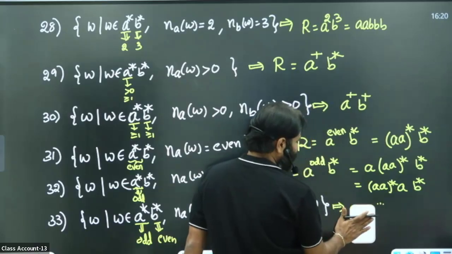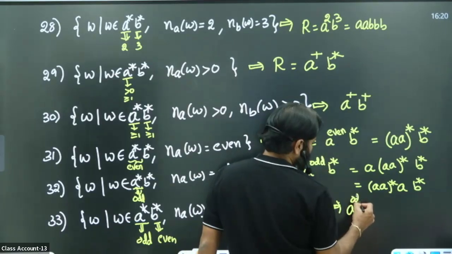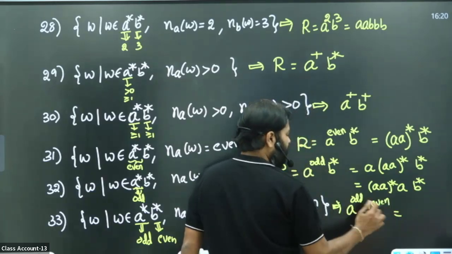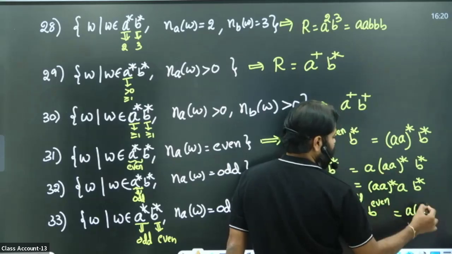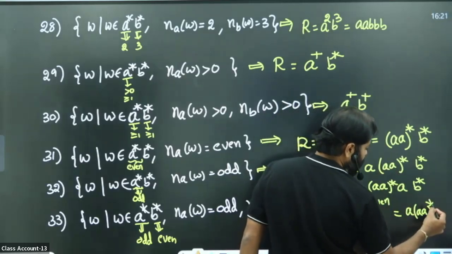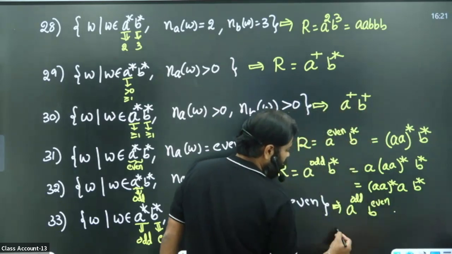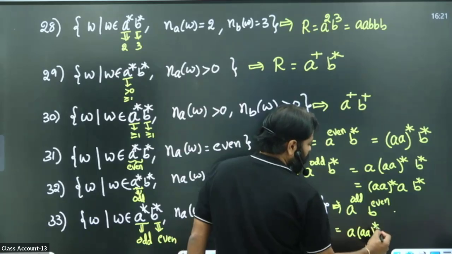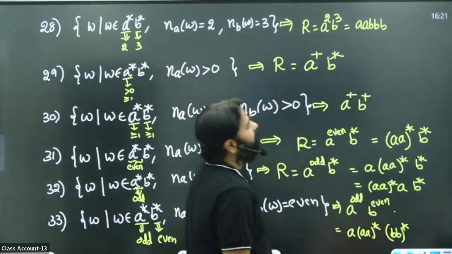Better, always practice this: first write A power odd, B power even, so that you will not make the mistake. A power odd means A followed by double A whole star. There are many ways to write. And B power even means followed by double B whole star, concatenation. I'll write below so that you can see it: A followed by double A whole star, double B whole star.